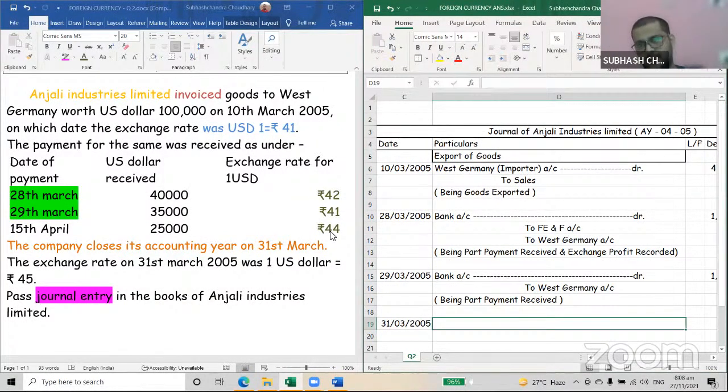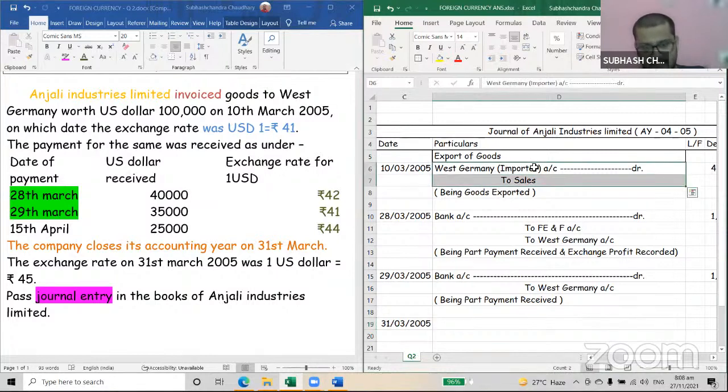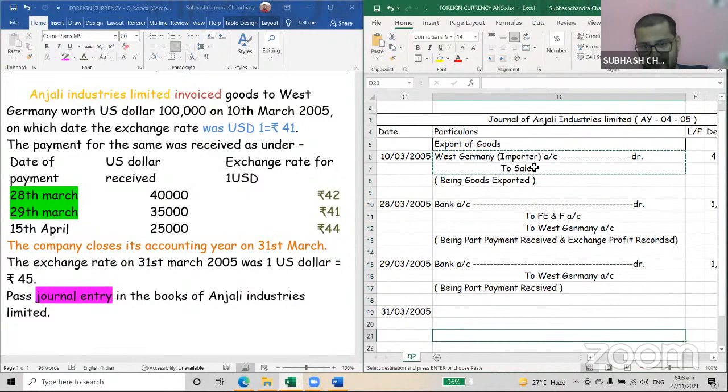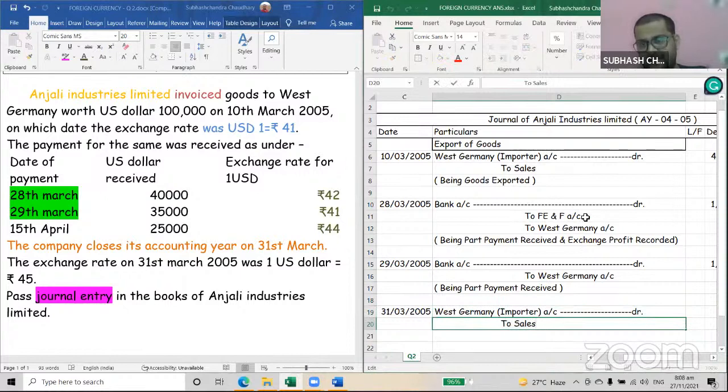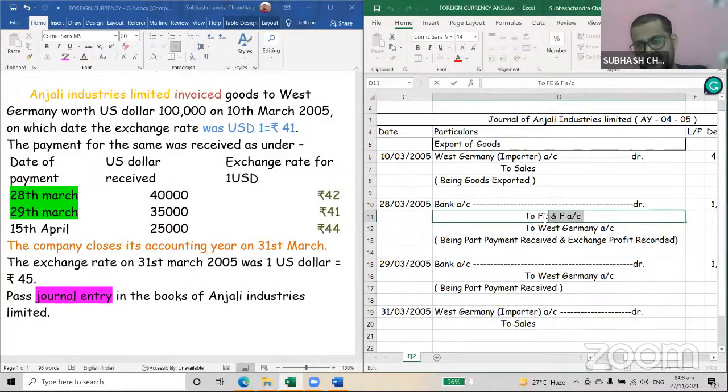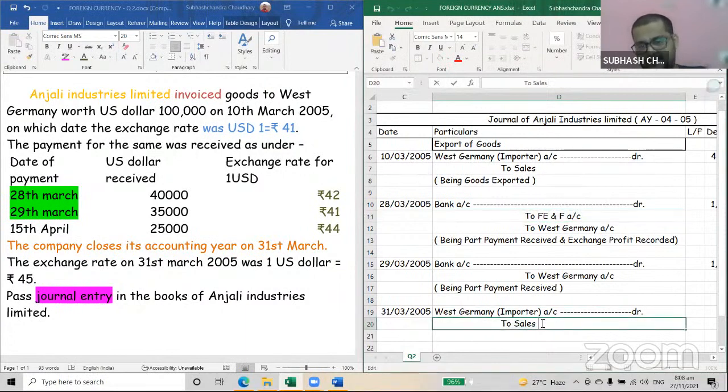So what we will do, we will record the transaction like this. We have to increase the debtor, so we will write West Germany importer account debit, and instead of sales account, we'll write FEF account, because this is a fluctuation.